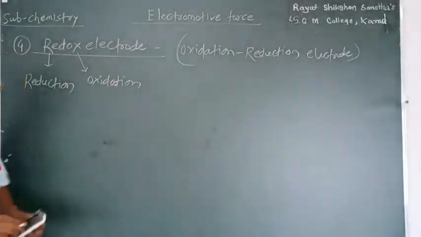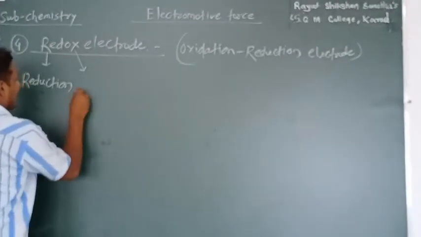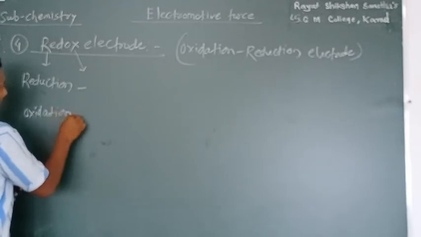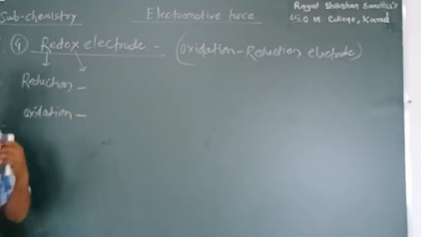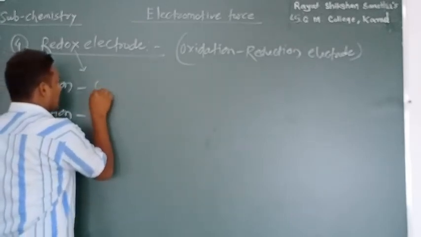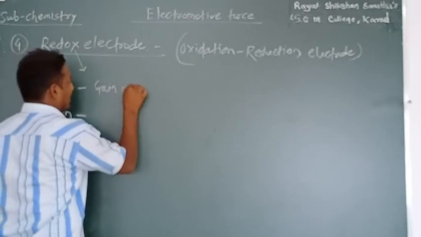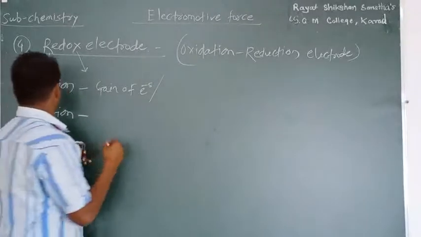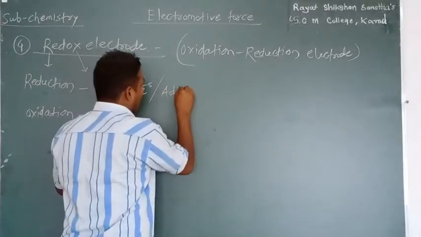Then what is the definition of reduction and what is the definition of oxidation? Reduction means the gain of electrons, or you can also define reduction as addition of hydrogen.